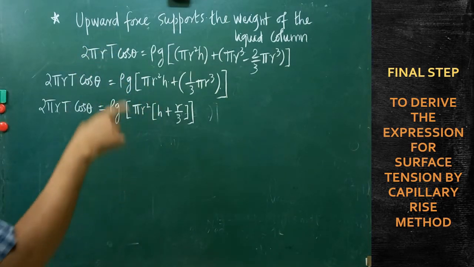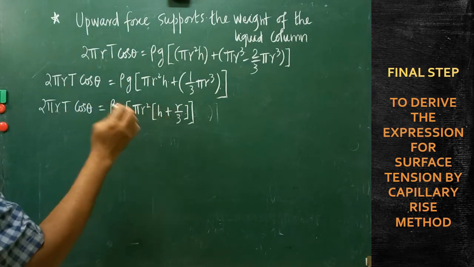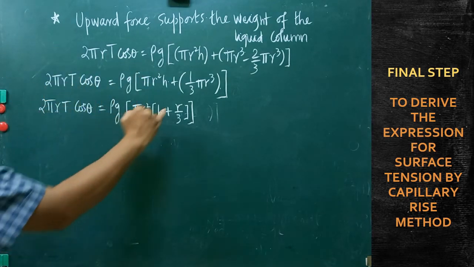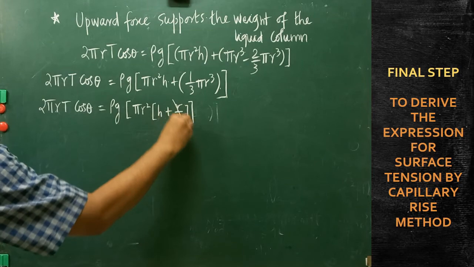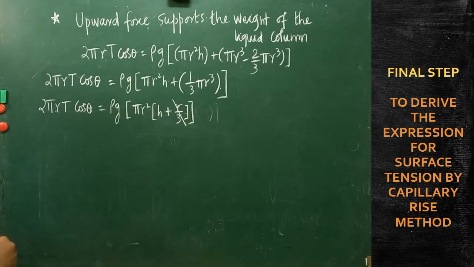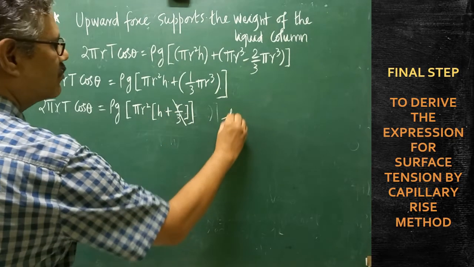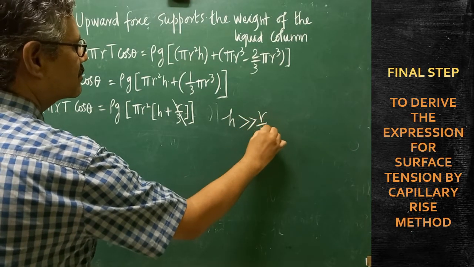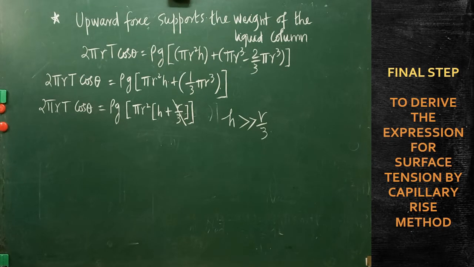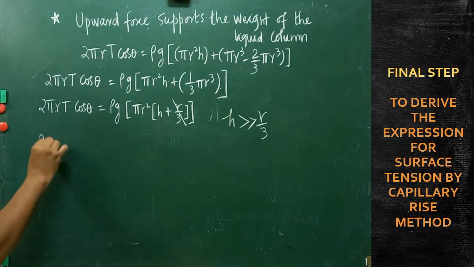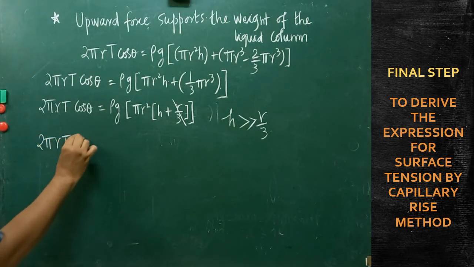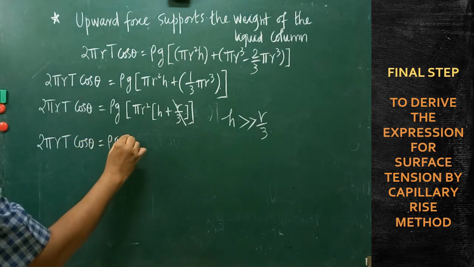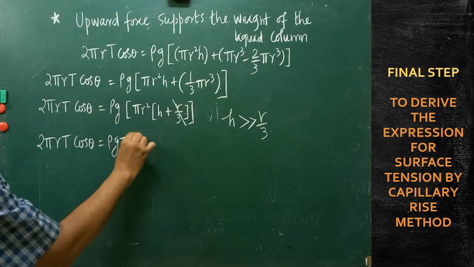The height of the water column is h, and r is the radius of the upper curved surface. r by 3 is too small when compared to h, therefore it can be neglected. So 2 pi r T cos theta is equal to rho g pi r square h.